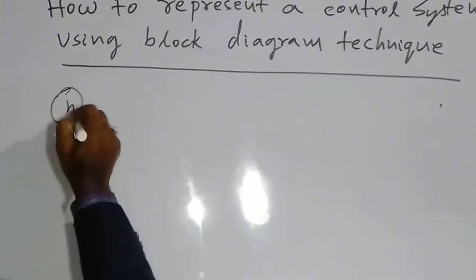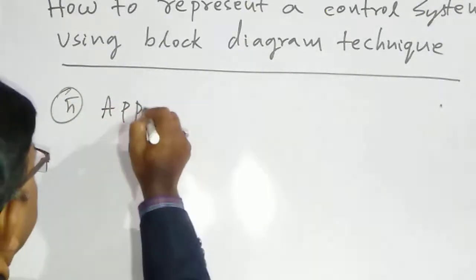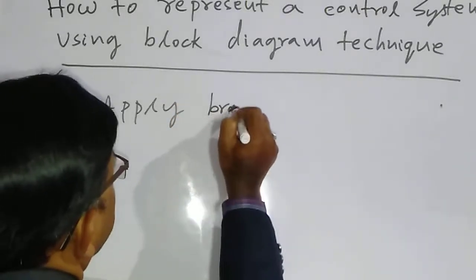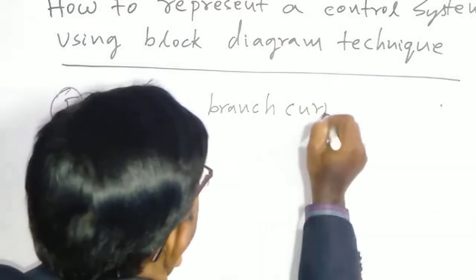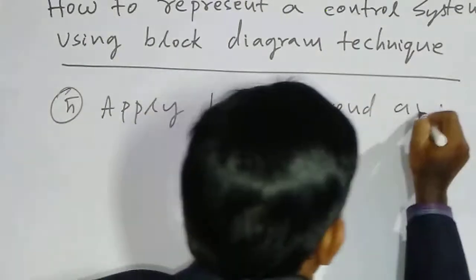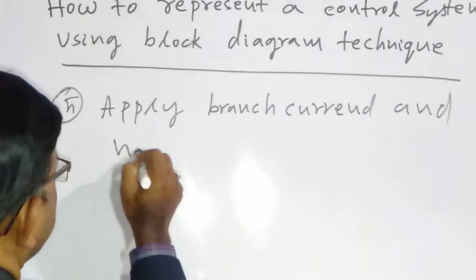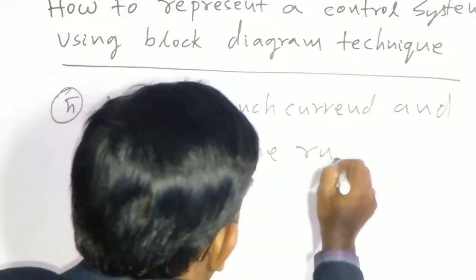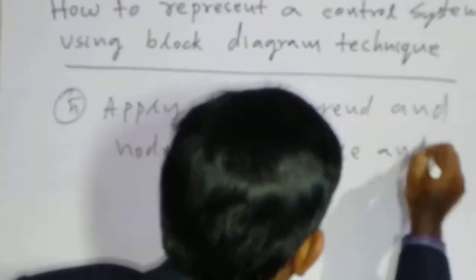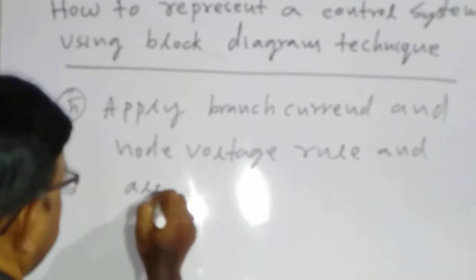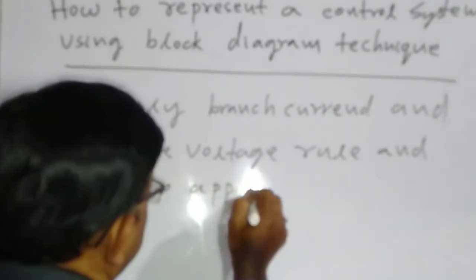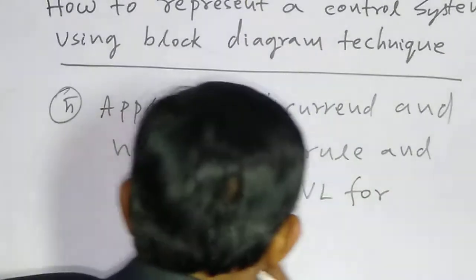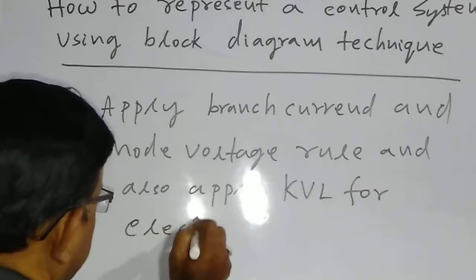And next step, apply branch current and node voltage rule, and also apply KVL for electrical circuit.